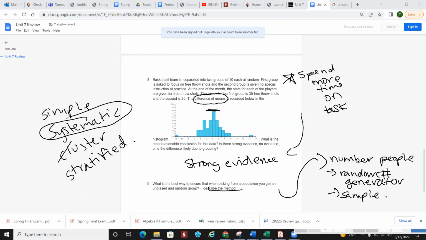And then stratified would be decent. That would be like, hey, everybody go stand in your group, whether you like language arts, math, science, social studies, and I pull one from each group randomly. So that's a good idea as well. But you really want to focus on setting everybody up in a random order, numbering them randomly, and then pulling a random number each time, okay?